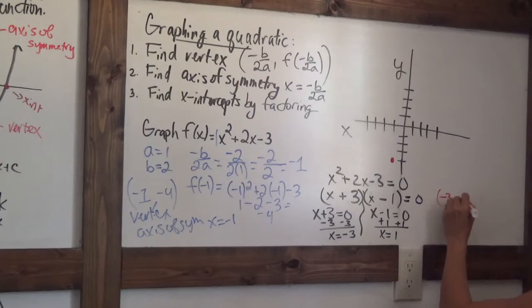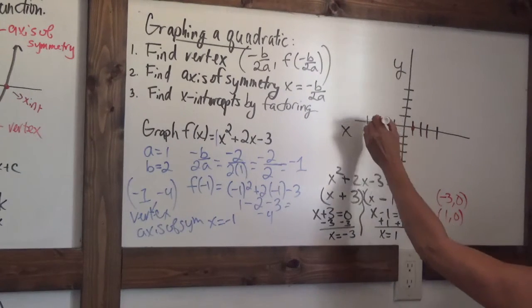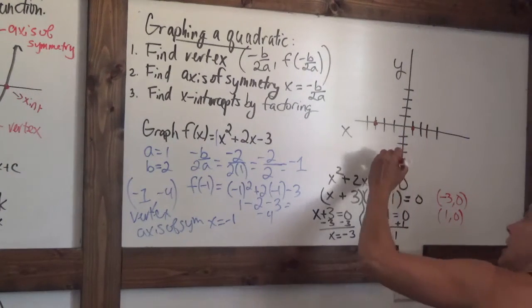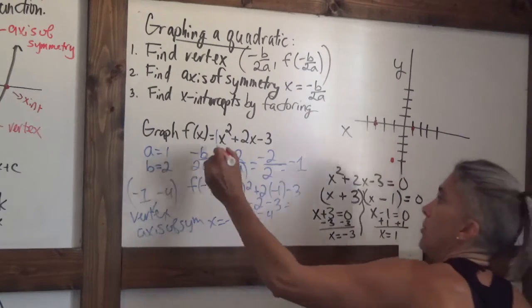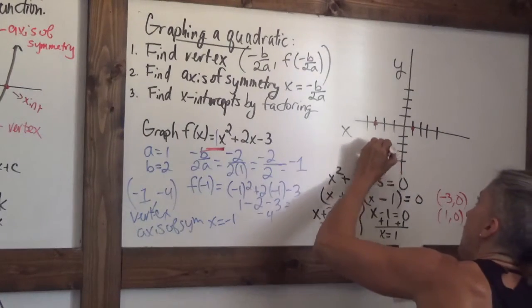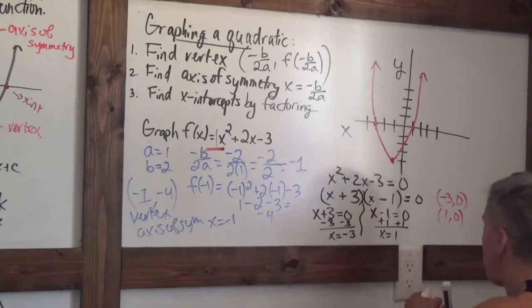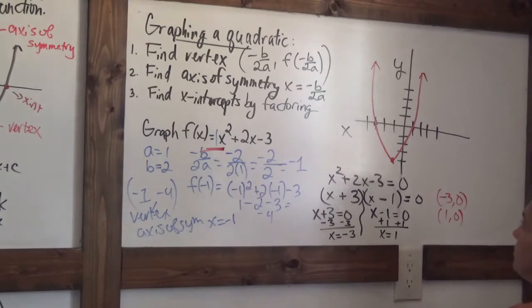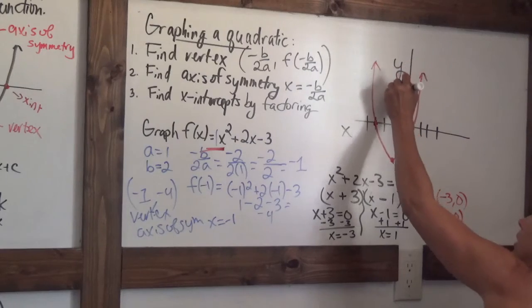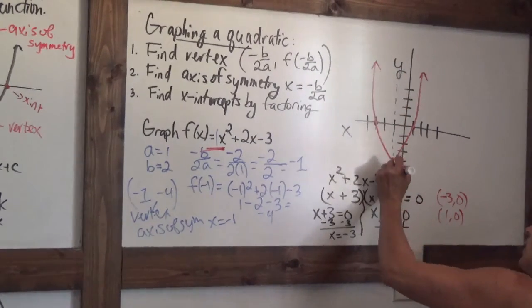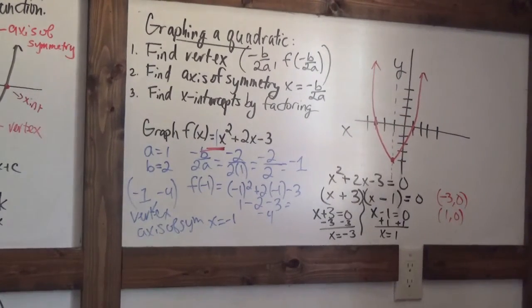I have negative 3, 0 and 1, 0. Now we know it's going to open up because this is positive, so it's a happy face, and you can see that obviously. If I wanted to have my axis of symmetry line, that would be going down this way. This would be my axis of symmetry, x equals negative 1. So you're just doing a brief sketch of a quadratic equation.